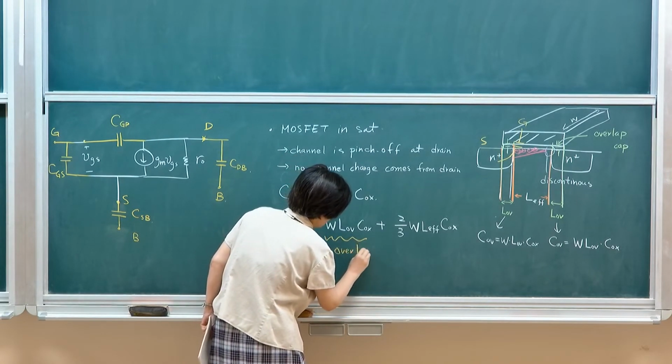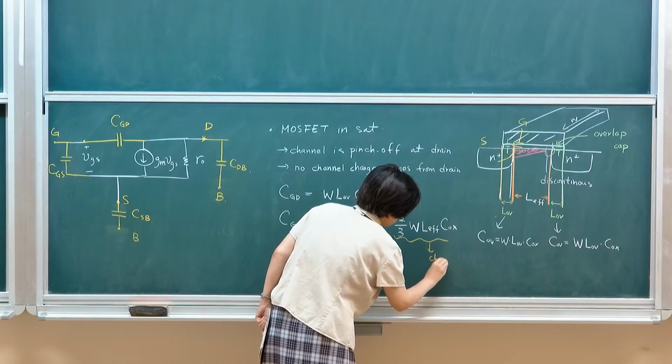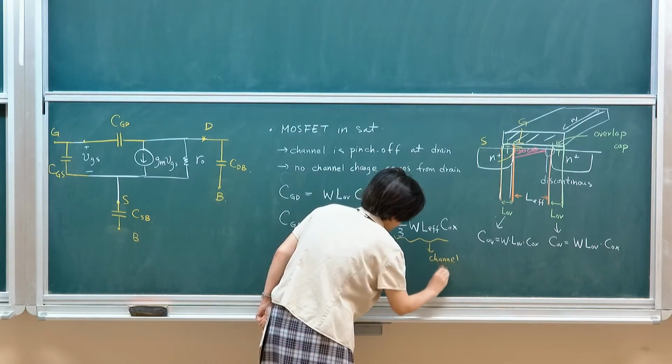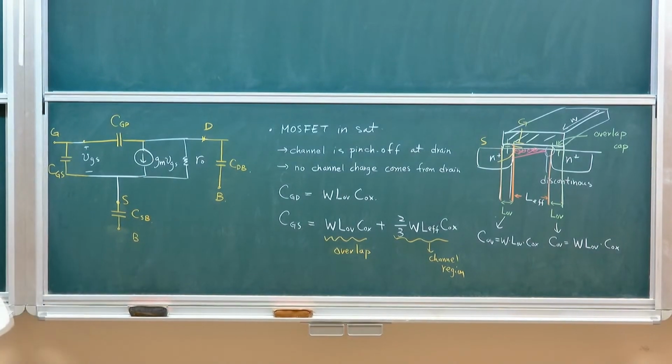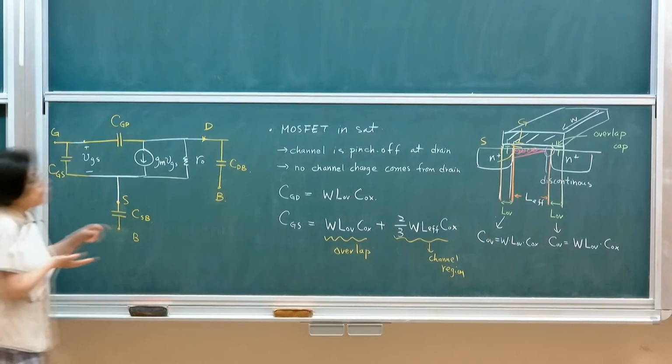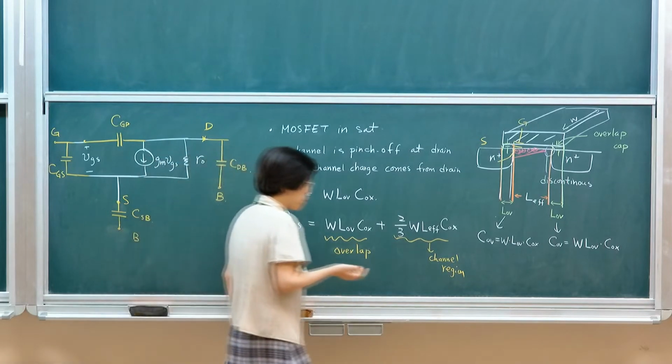We still have the overlap region, and this is the channel region. We know that it's only connected to the source side, therefore it will contribute to the parallel plate capacitance, which will support the under the channel. This is under the channel. Okay?